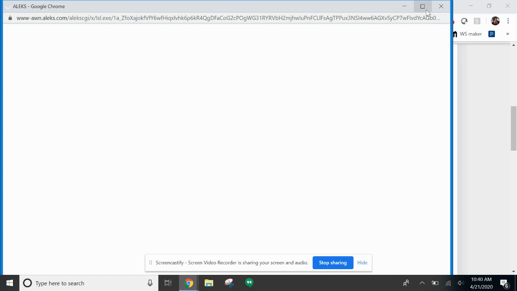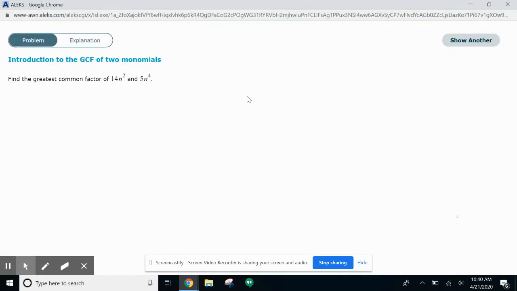So what I'm going to want you guys to do here is to find the greatest common factor of these two terms. We have these two terms, and we have to try to find what factors match with them. Sometimes there's factors like 2 or 3 that match. Sometimes it's variables that match.